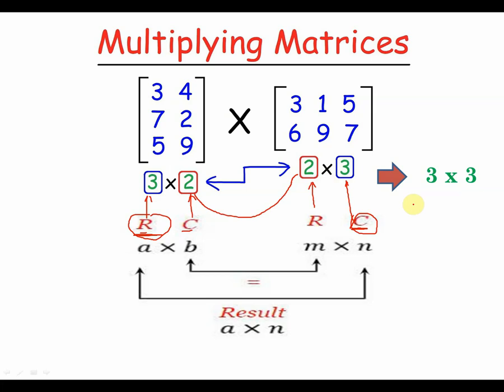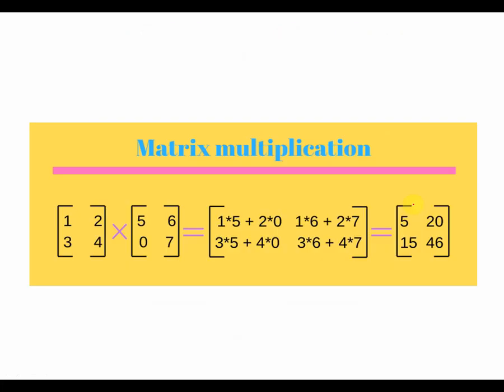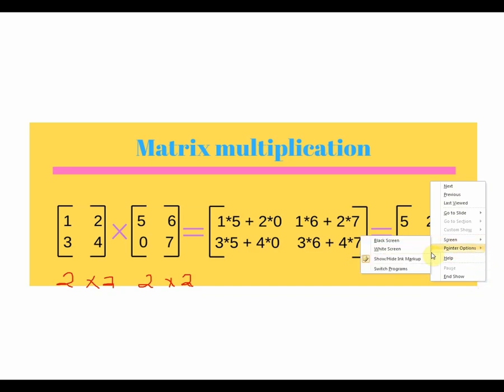Let us go to an example. This is an example. As you see the matrix over here, the dimension of it is 2 by 2. Same over here, this one is also 2 by 2. Now since these are 2 by 2 matrices, it really does not matter whether we check for that condition, because all the number of rows are equal to all the number of columns.